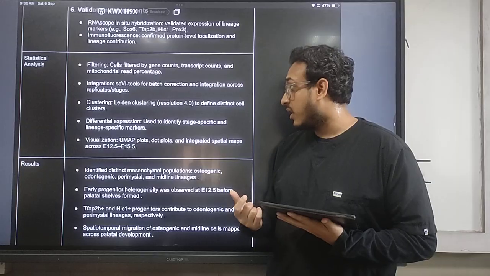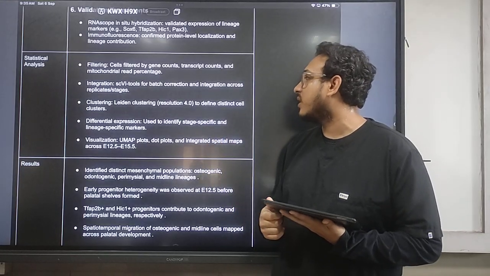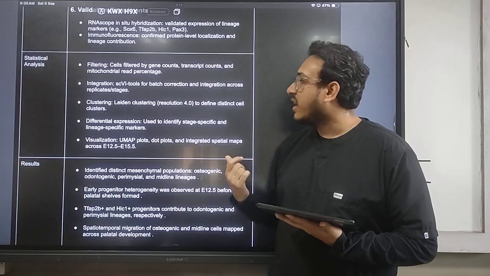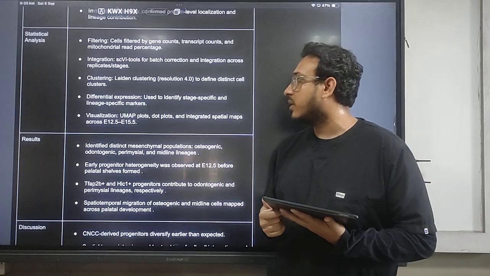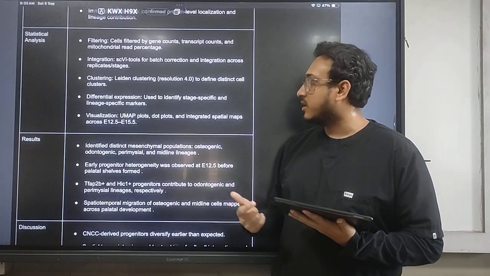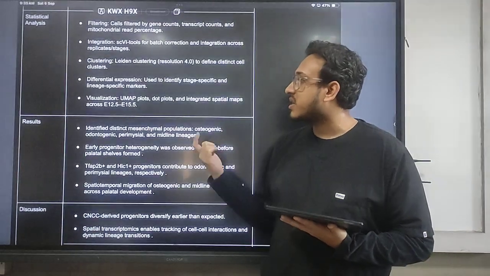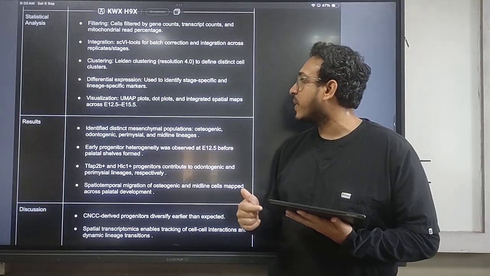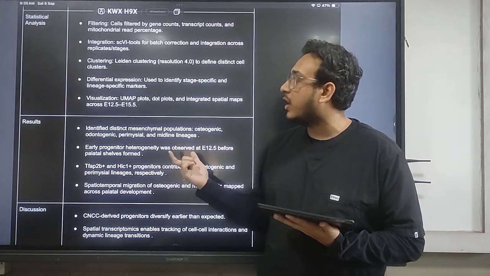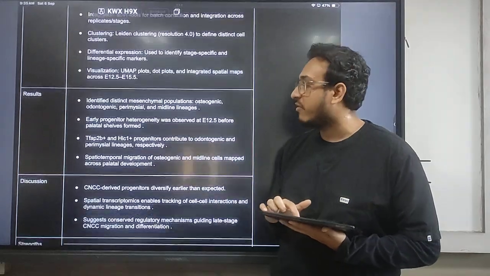Leiden clustering resolution 4.0 was used to define distinctive cell clusters, and differential expression was used to identify stage-specific and lineage-specific markers. They visualized it using UMAP plots, dot plots, and integrated spatial maps across E12.5 to E15.5.